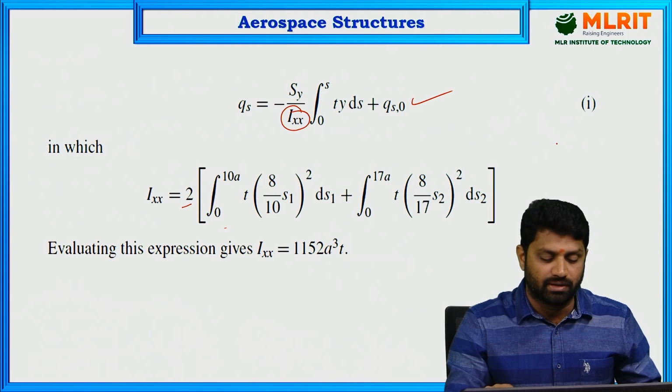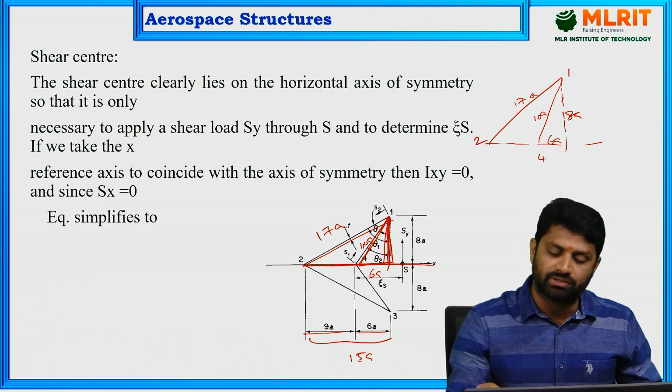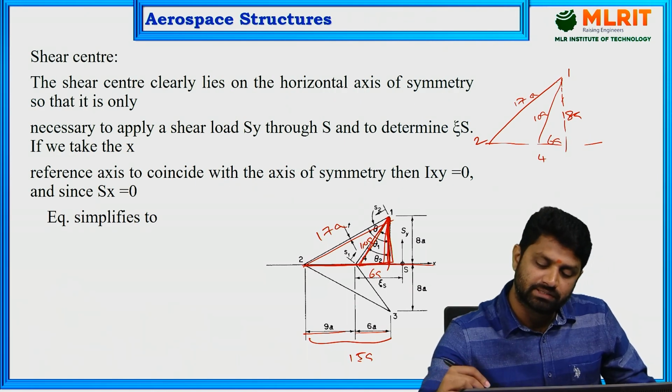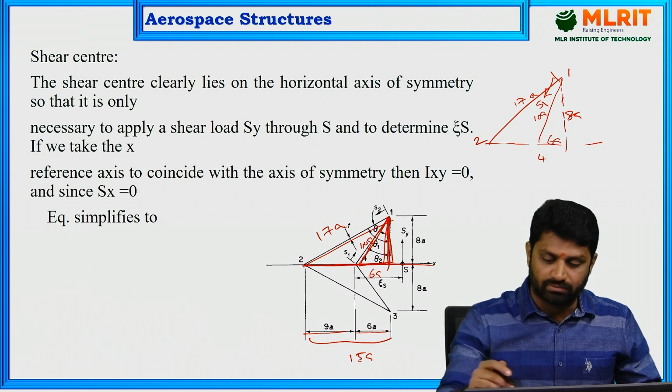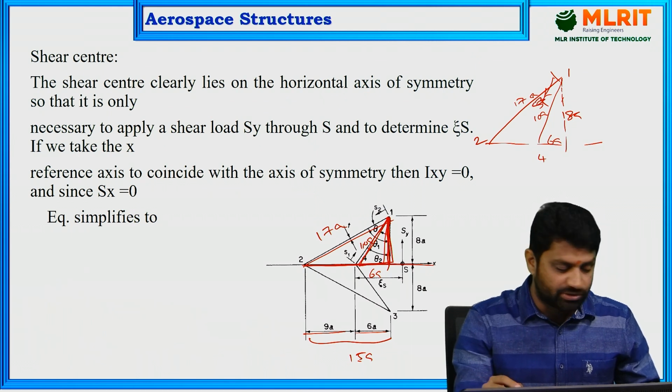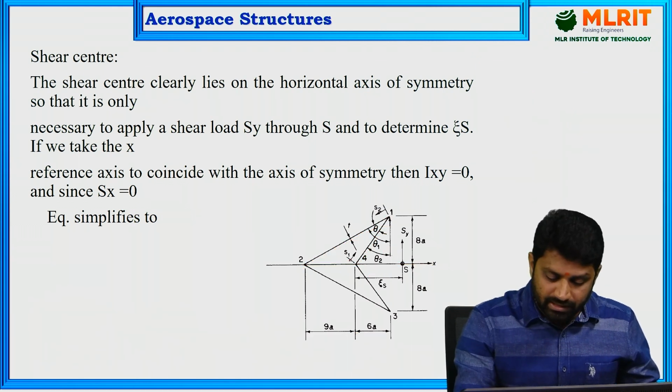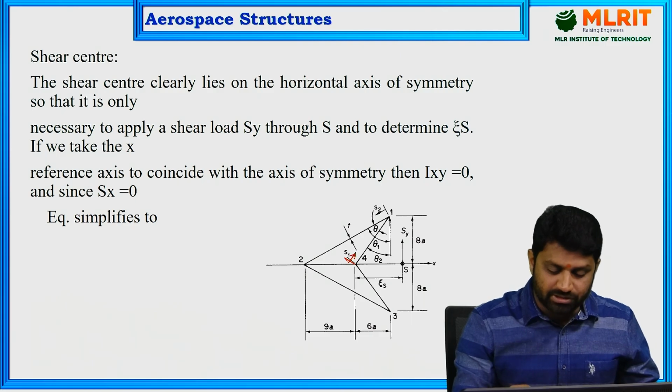Now we have to consider the distribution. From here to here you have to consider the distribution as s1, or in the diagram he has given the distribution directly, from here to here s1.